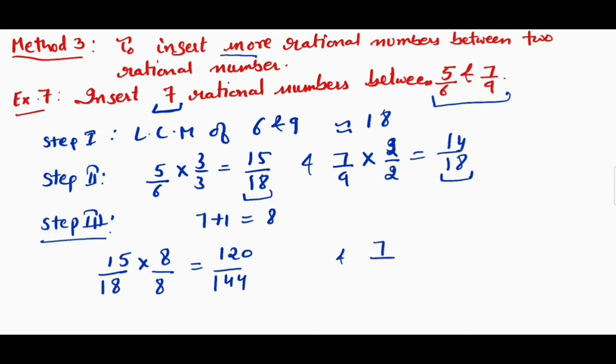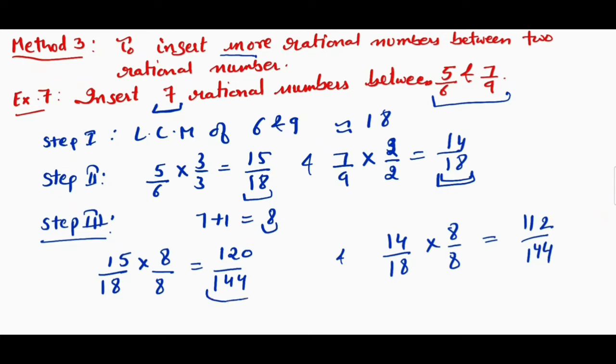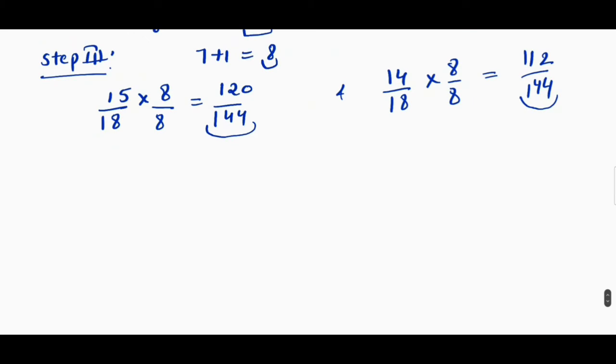And for the second number, 14/18 multiplied with 8/8, we get 112/144. So here see the denominators are same. So we can write 7 rational numbers between these numbers, and these will be, count, 120/144.